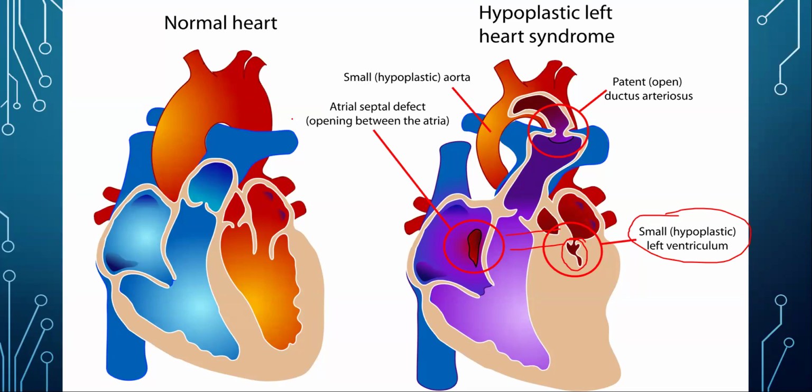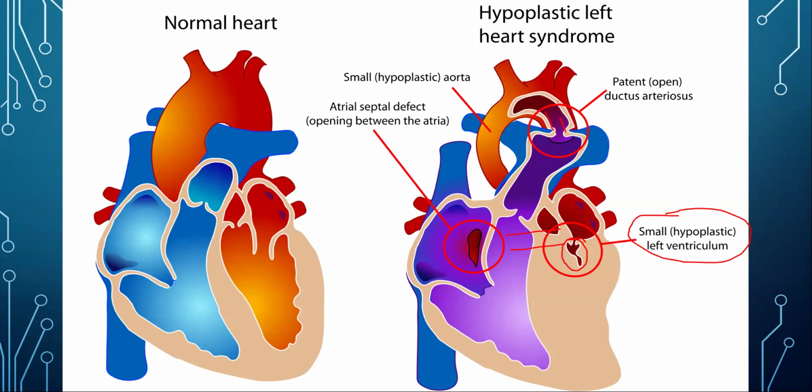But the way to survive is if we can keep the ductus arteriosus open, because now everything is maintained by the right heart. The right heart has got more pressure. So there will be a shunt. If you can keep the ductus arteriosus open, then blood from the pulmonary artery will go to the aorta and it will mix together and go to the whole body.